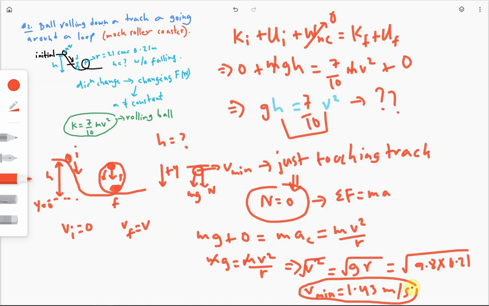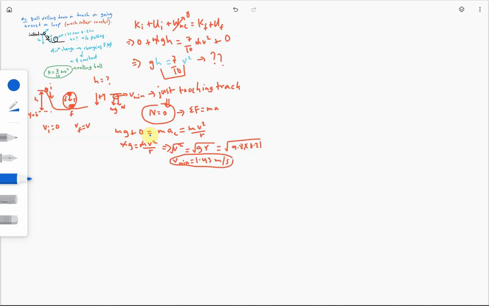Alright, let's see what we can do with this. We just found that v min was the speed at the top of the loop, right? But we started off by writing our work energy theorem for the bottom of the loop.